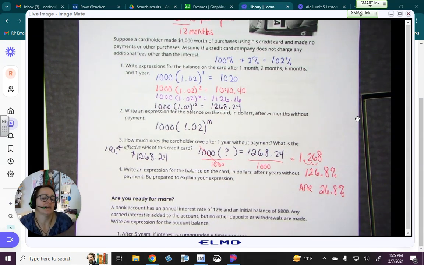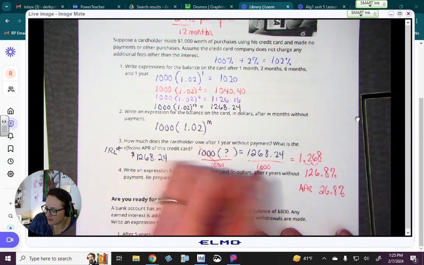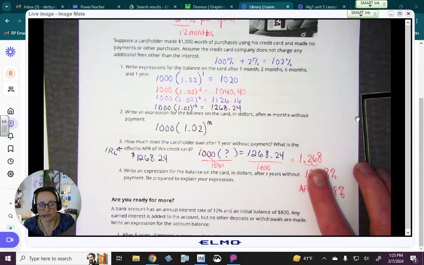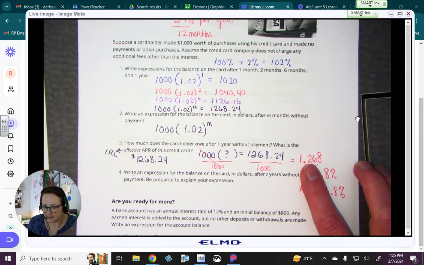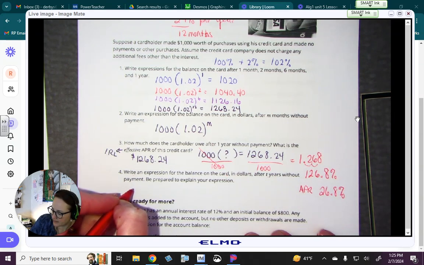So people think, I only have to pay 2% per month, when really they end up paying more when you take it in a whole year at a time. So an expression for the balance on the card, T years without a payment. We can use this as our multiplier because that's really what it is if we look at it per year. So there's a couple ways we could write this.